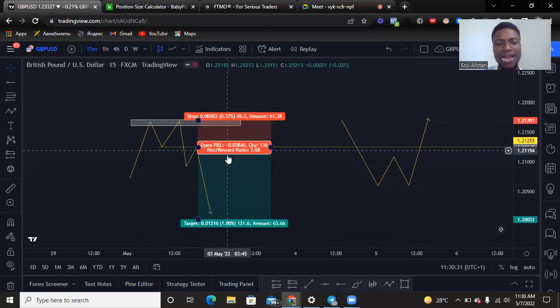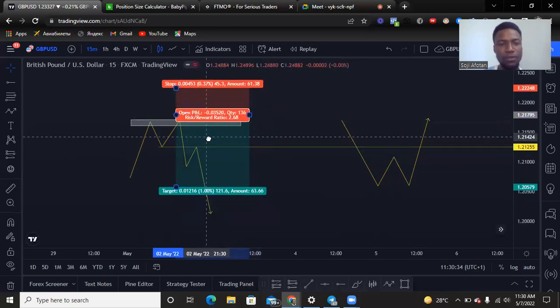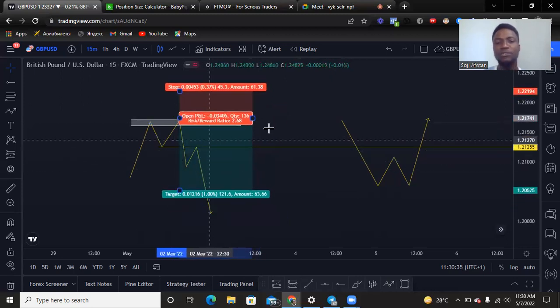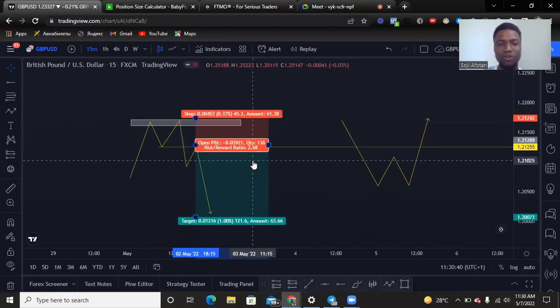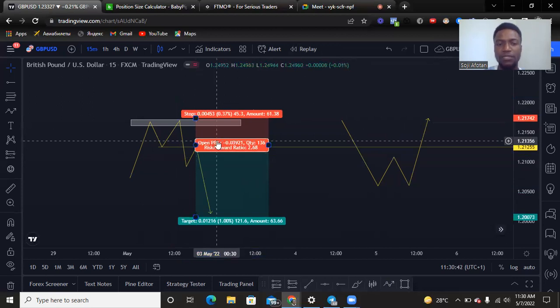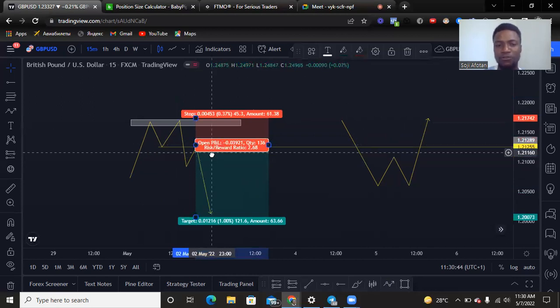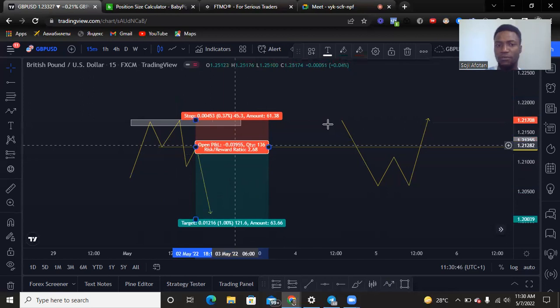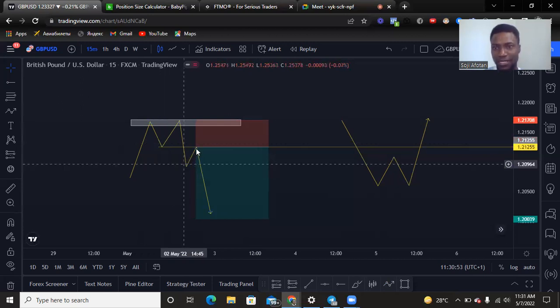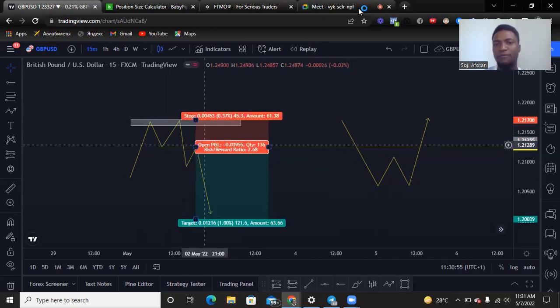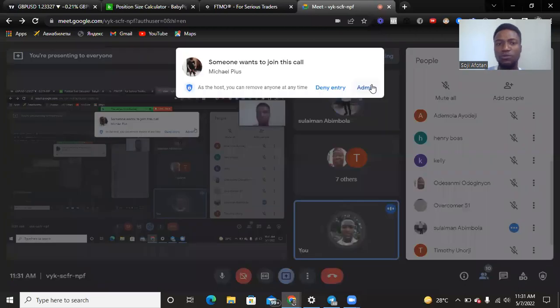When you enter at this point, it's still a bit risky. But when it's coming back for a retest, then this is a less risky trade, because now this particular low has been broken and the market is coming to retest that low. So that's one thing you need to understand.